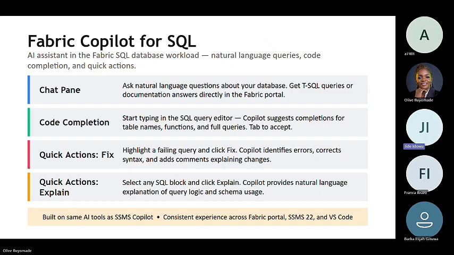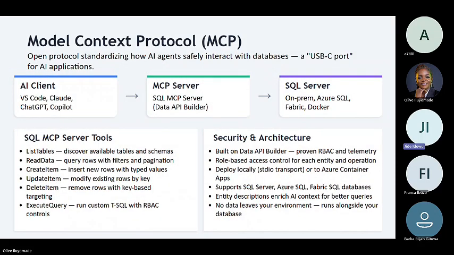Just know that if you're going to use that, Copilot is the AI guy, so it's not free. It's built on the same AI tool as SSMS Copilot, so you get a consistent experience across Fabric Portal, SSMS 22, and Visual Studio. You can move to the next because there is no code. It's just a natural language guy.